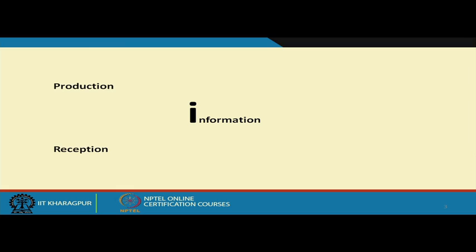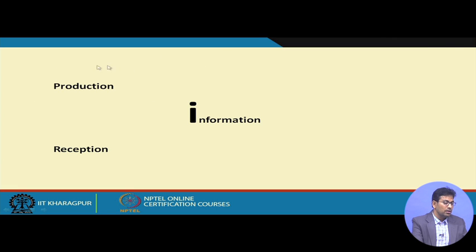If we look at the two very important aspects of information, one is the production of the information and the other is the reception of the information. If we go back to the diagram beforehand, there was a production of that information which was then communicated to the other individual, and the other individual was receiving that.